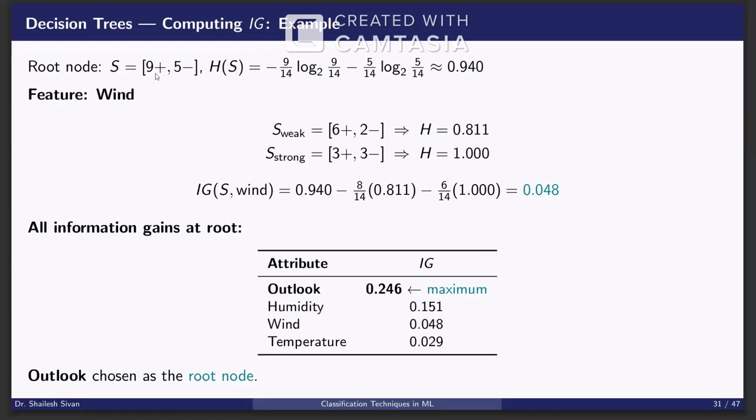In the root node, there are 9 positive classes and 5 negative classes.